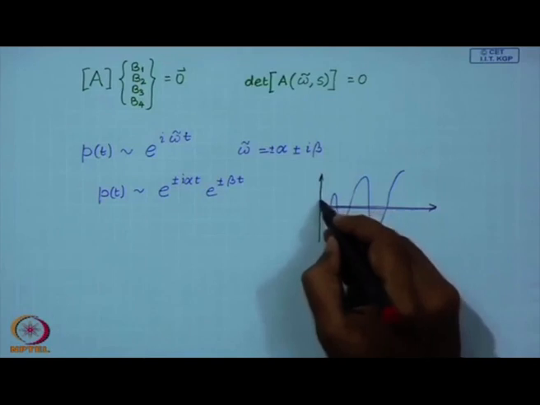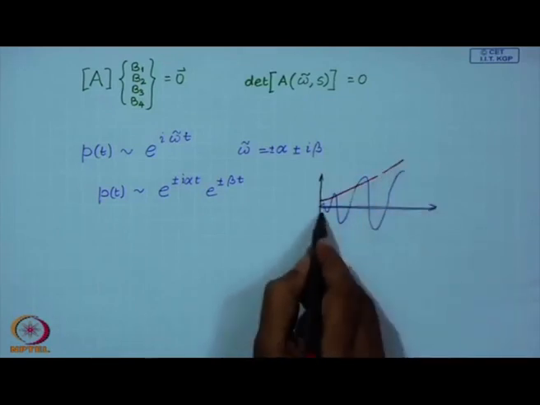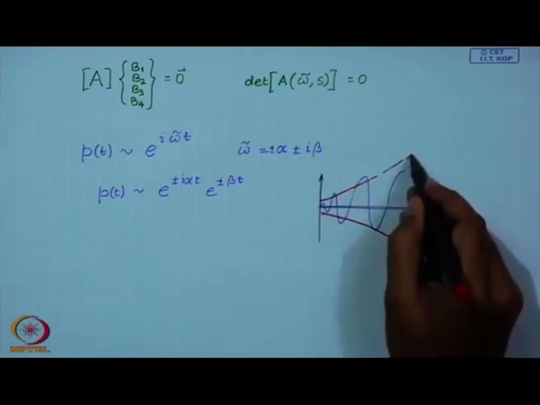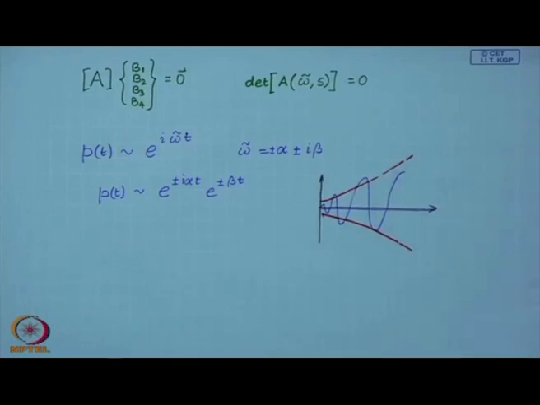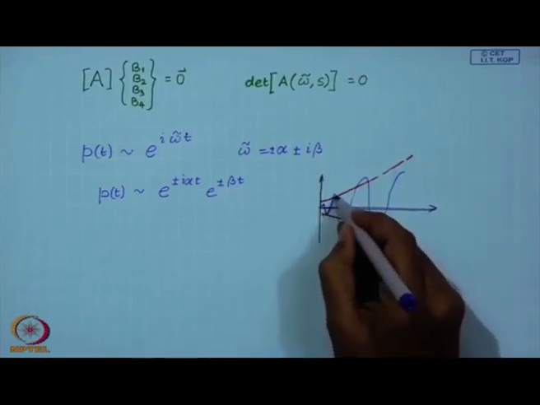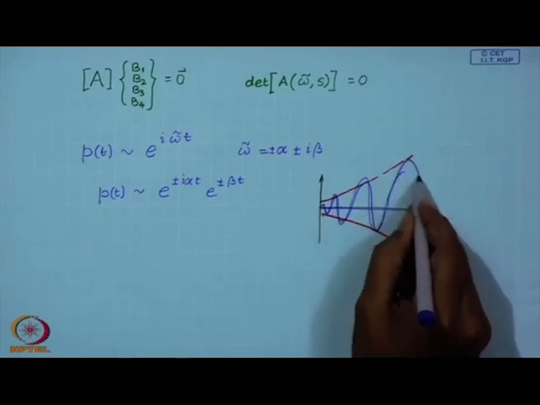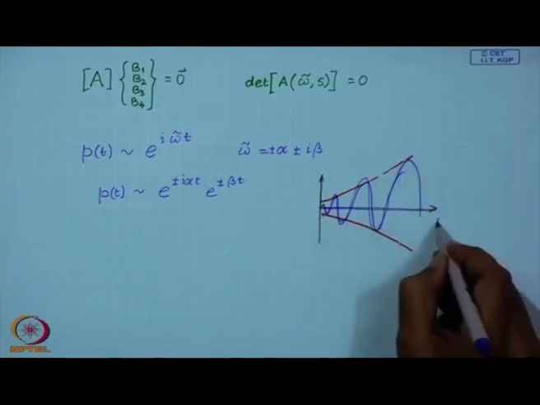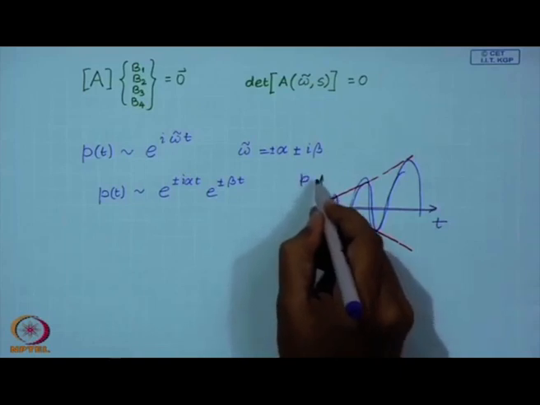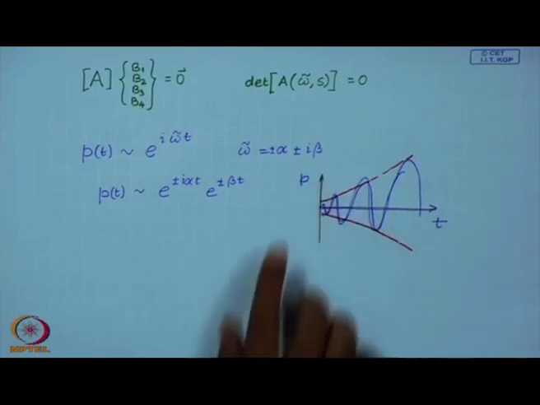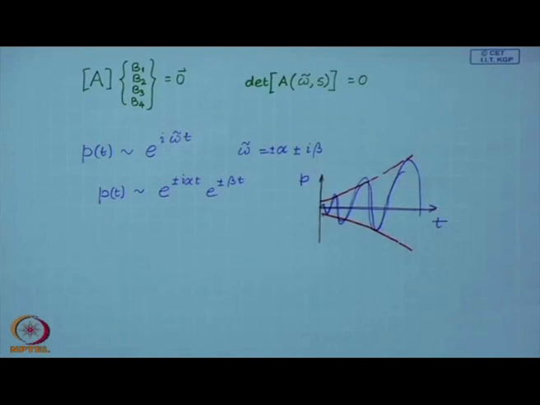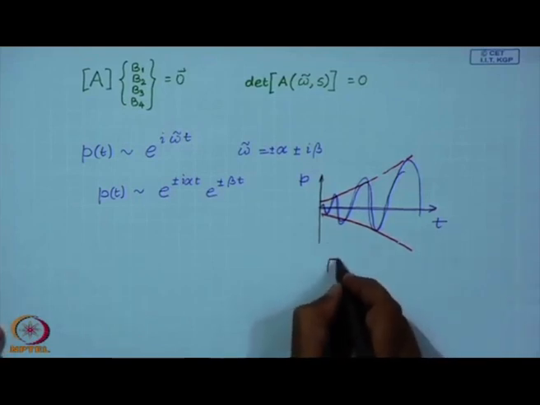So this has an exponentially increasing envelope, and this is t versus the displacement. This kind of behavior is known as flutter.